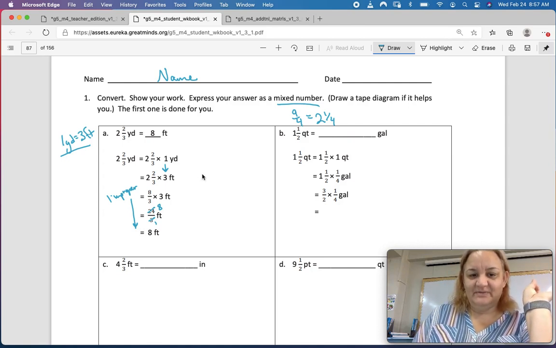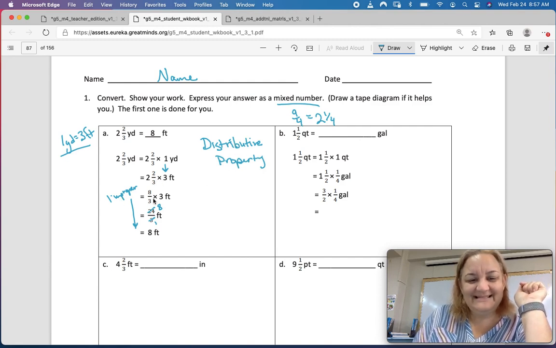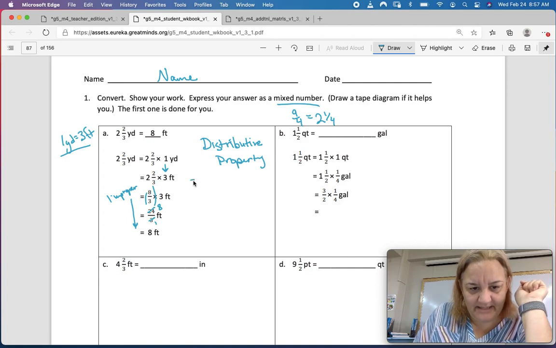We're going to use the distributive property. Okay, and you can do either way with an improper fraction or the distributive property. Instead of turning 2 2/3 into an improper fraction right here, we're going to use the distributive property. So I'm going to rewrite this part of the problem right here. 2 2/3 times 3.